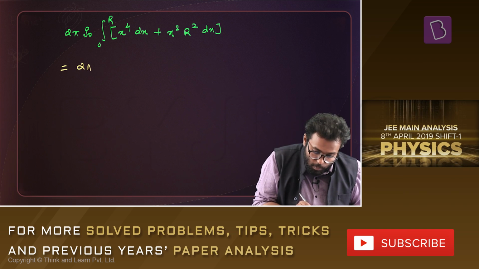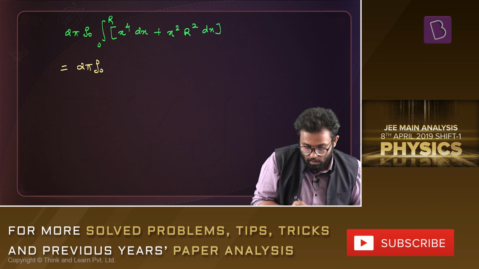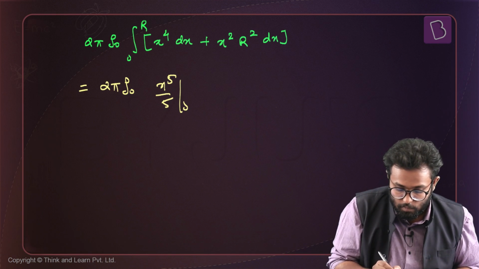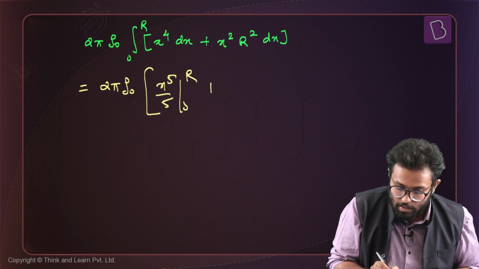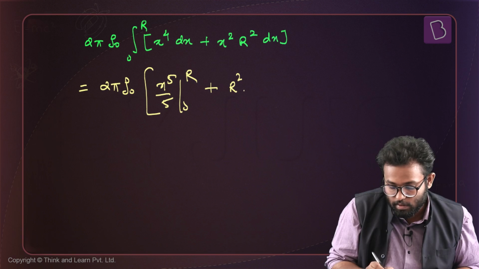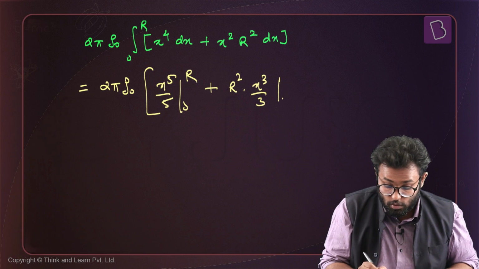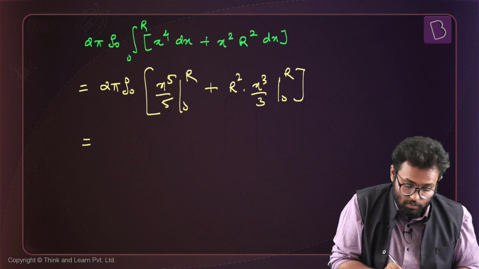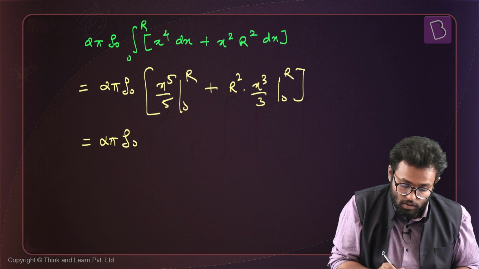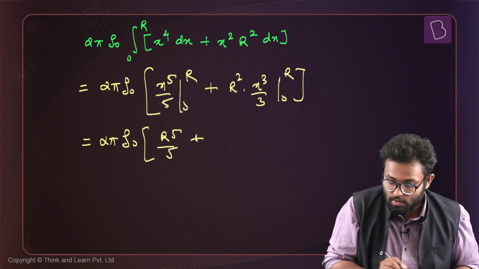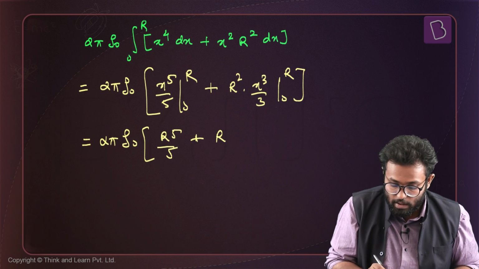This becomes 2 pi rho naught times the integration of x to the power of 4, which is x to the power of 5 by 5 from 0 to R, plus R squared times the integration of x squared, which is x to the power of 3 by 3, again from 0 to R. So this becomes 2 pi rho naught times R to the power of 5 by 5 plus R squared times R cubed by 3.